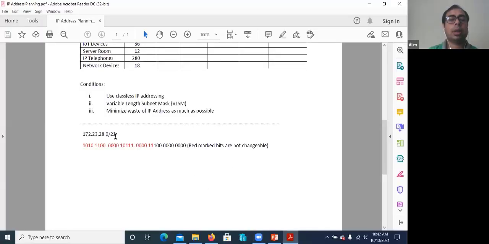Look at this IP block, 172.23.28.0/22. It means the first 22 bits are fixed for the network part.